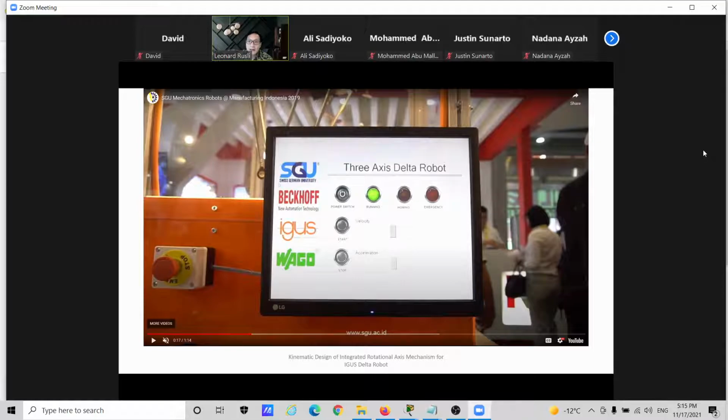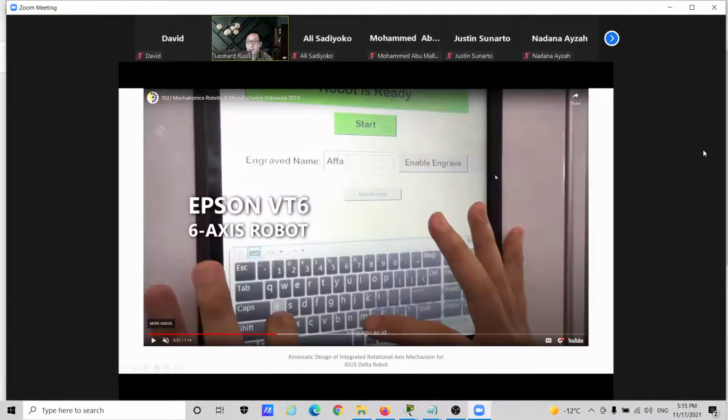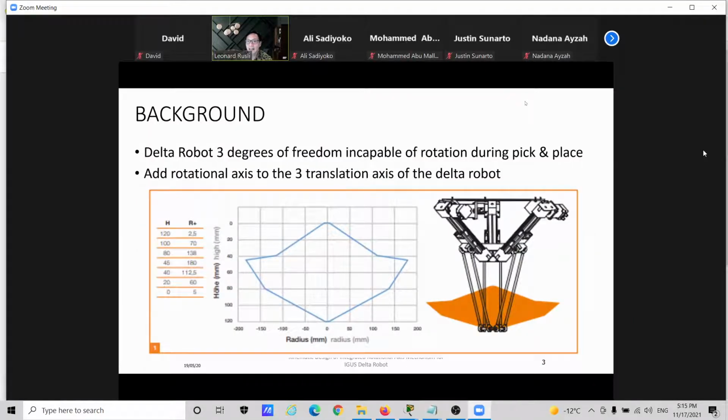Now, after the development of this Delta robot that is complete and able to be commercialized, there is a need for an additional rotational axis. And this is where we develop the project for further development. The Delta robot, as you know, has 3 degrees of freedom and is incapable of rotation during the pick and place.